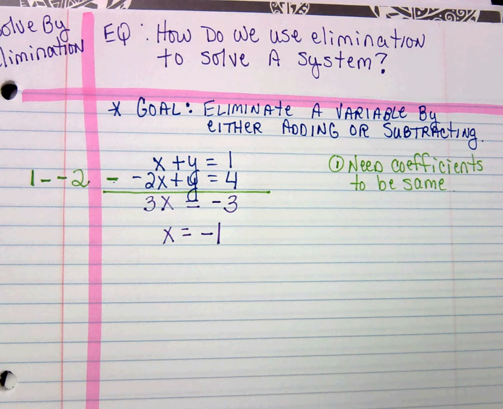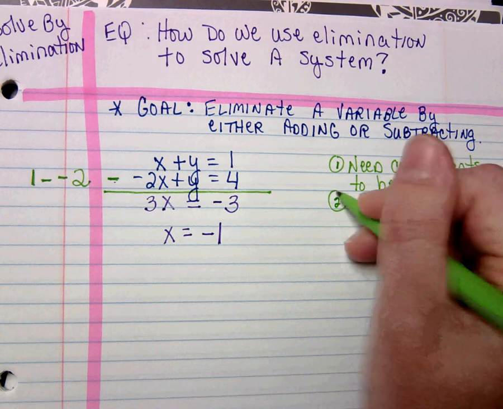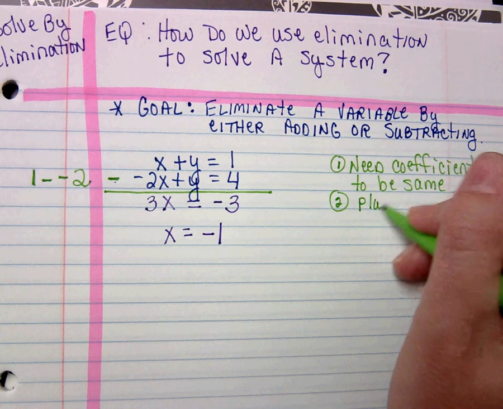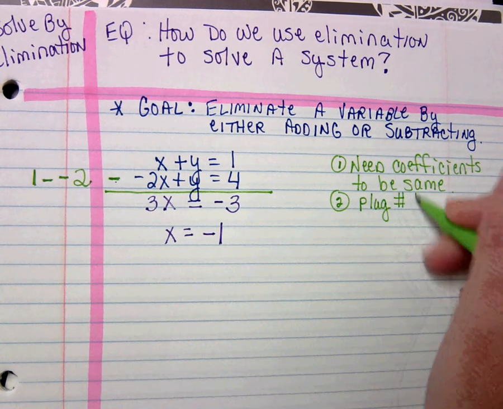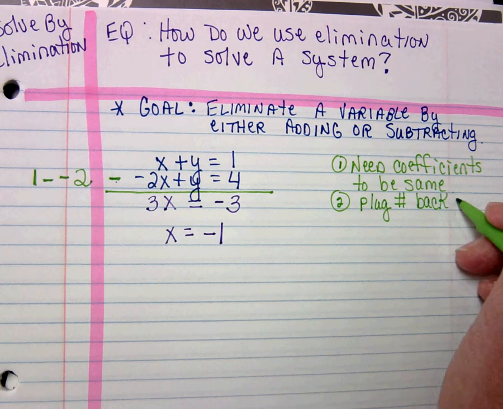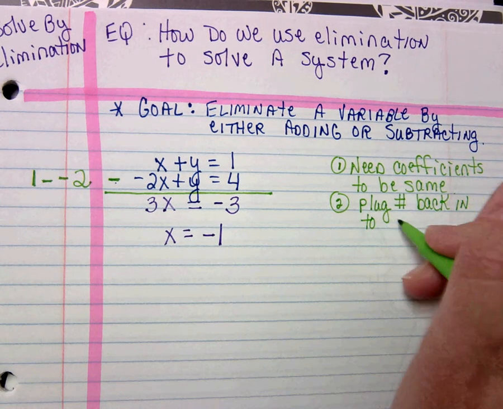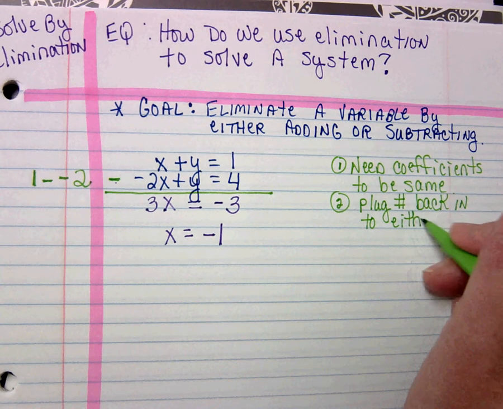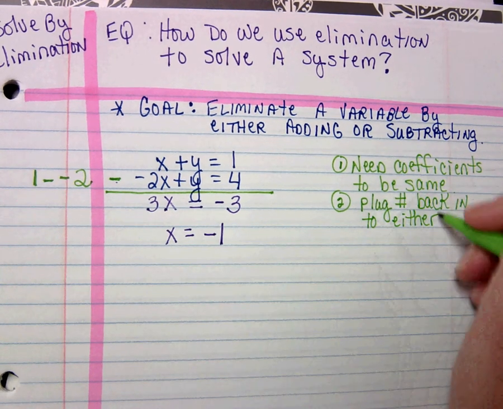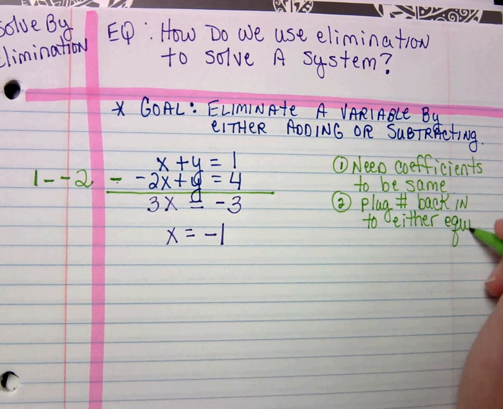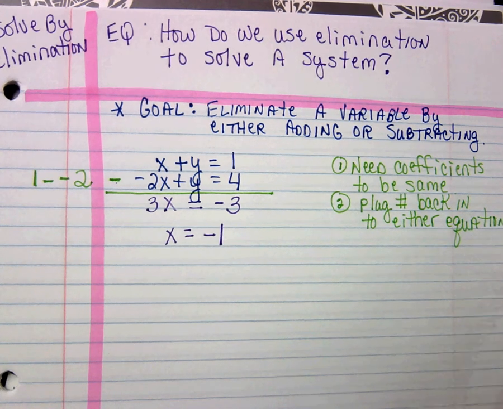Now we know we're not done. We know that after we solve for one of the variables, now we need to plug the number back in to either, whichever your choice is, either equation. And it doesn't matter which one, like in substitution.